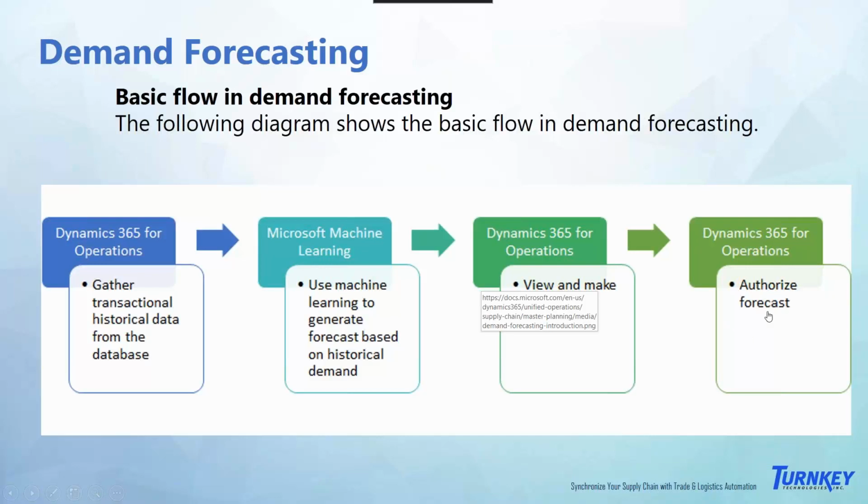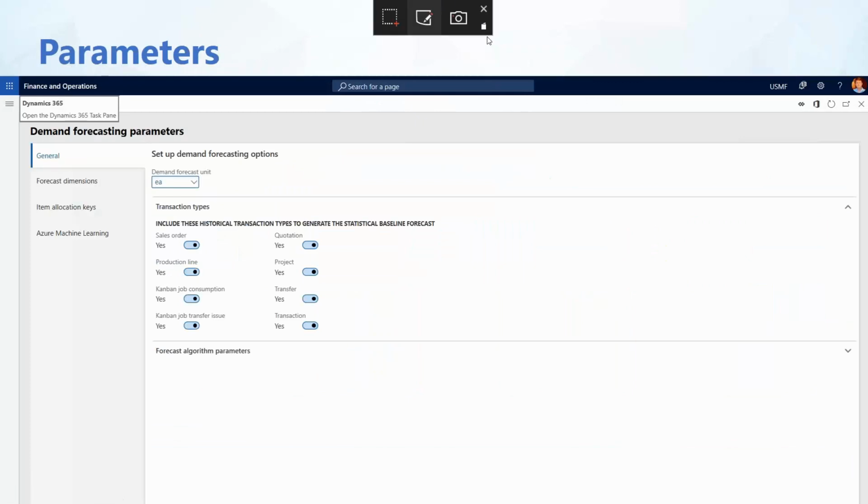Then we actually authorize a forecast, which puts it in play. This is the forecast that I'm running. These are the reorder points that I'm calculating against, and when something drops below reorder point, we would suggest we replenish and issue one of these planned purchase orders or planned transfers.